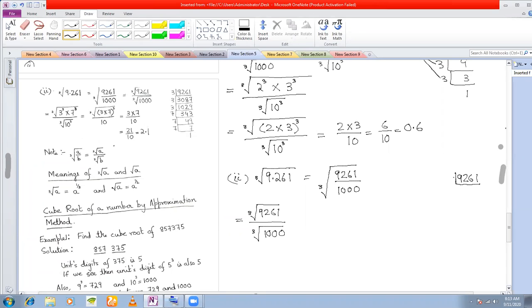The sum of the digits is divisible by 3, so it will be divisible by 3. So 3087, 1029 and then 343. Then again this is divisible by 3. 343 we know as 7 cube, so we'll divide with 7.